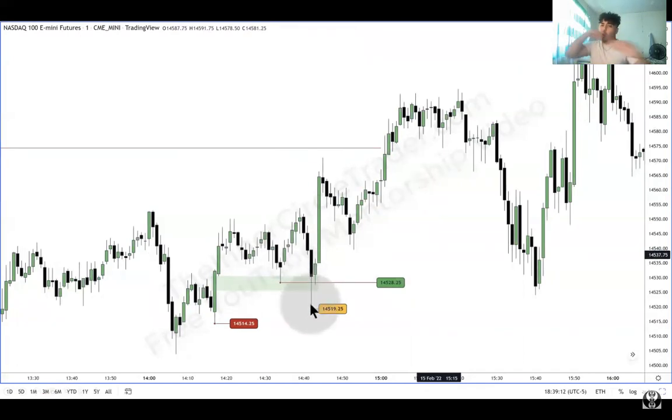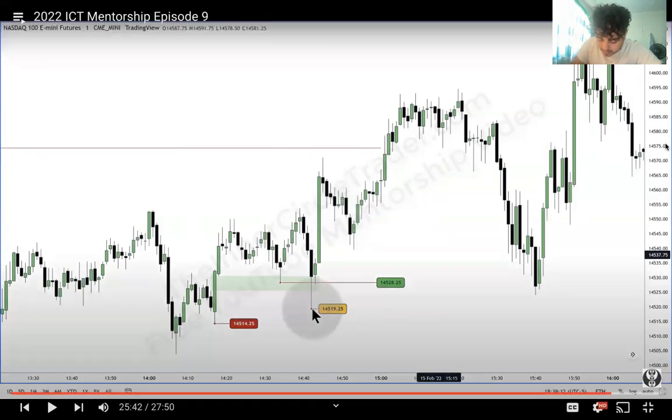Now, some of you have mentioned in the comment section, does this invalidate the fair value gap? No, it does not. How would I word that in my notebook?